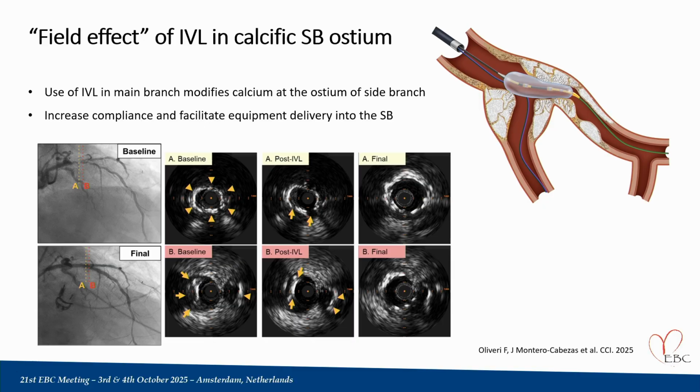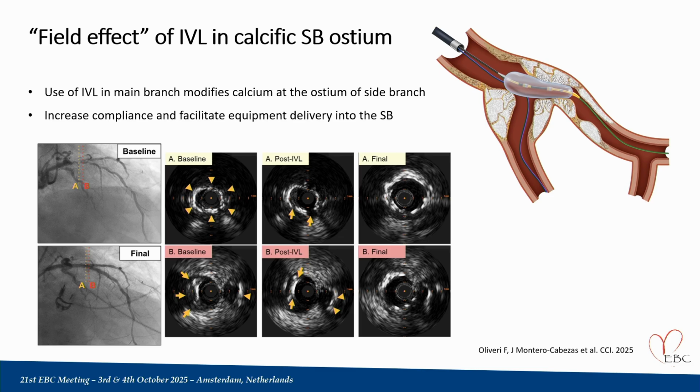There are some concerns about the profile of these balloons, being accused of being bulky devices, unable to cross really challenging anatomies, calcification and angulation, like in a 0-0-1 bifurcation. We know when we are performing imaging that calcification not only affects the ostium of the side branch.